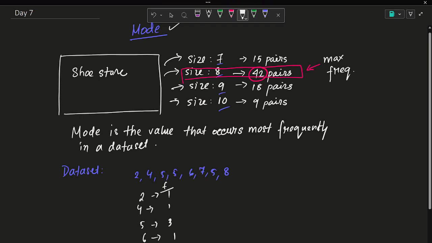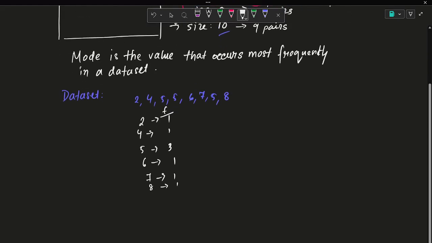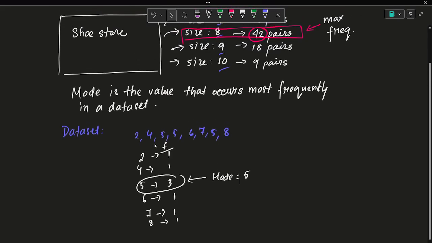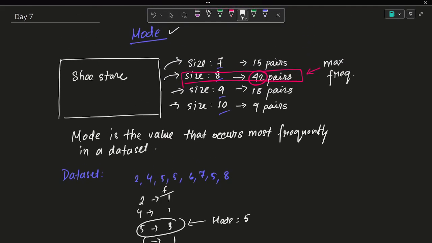So 5 is appearing 3 times, while every other number appears only once. So the mode is 5. Mode is a measure of central tendency that holds the maximum frequency, and this varies from situation to situation.